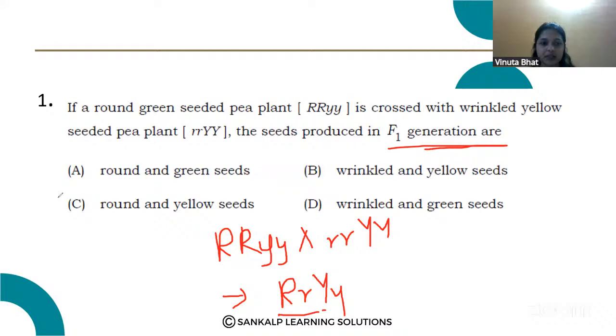So here option C is the correct answer. They have round and yellow seeds. Option C, round yellow seeds.